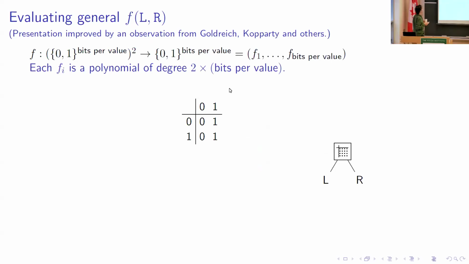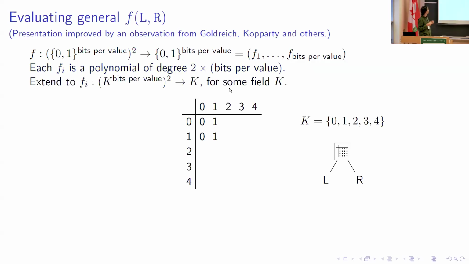Okay, so the idea we're going to use is that every output bit of this function is a polynomial. Any function can be thought of as a polynomial using polynomial interpolation. So each of the bits per value different output bits we can think of as a polynomial, and the degree of that polynomial is going to be at most 2 times the bits per value parameter.